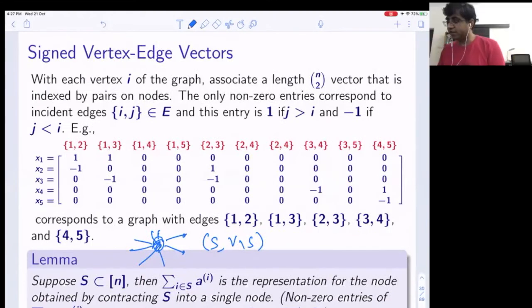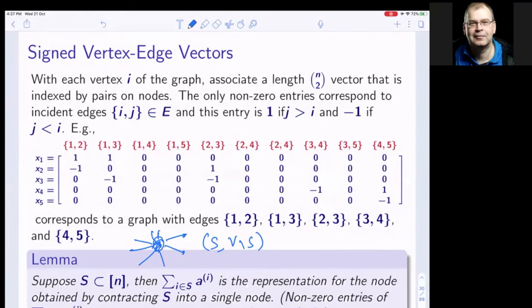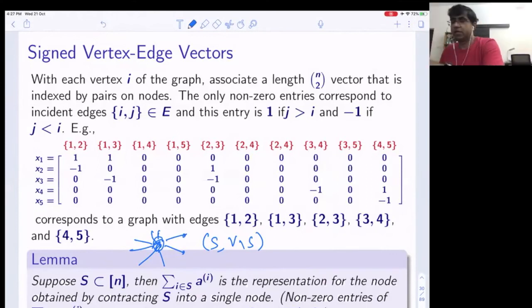So let's define the notion of contracting S. Maybe they're not connected. If you have two non-adjacent vertices, you also contract them. The way we were doing it, at least for connectivity, is like normal contraction, but it wouldn't matter.